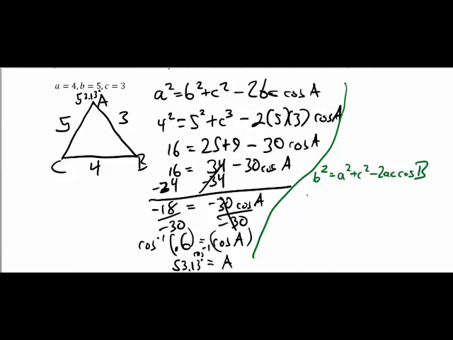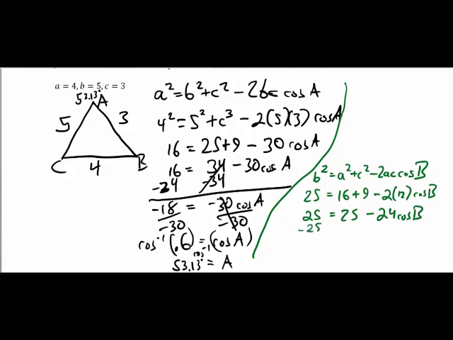Something kind of cool is going to happen. So this means if I have the b squared here, I'm going to put my 5 in there, so that would be 25. My a, that's going to be 4, so that is going to be 16. My c is going to be 3 squared, which is going to be 9, minus 2 times a times c, and my a and my c in this case are 4 and 3, so that makes 24, and then cosine B. So look what I have. 25 is equal to 25 minus 24 cosine B. Oh, check this out.